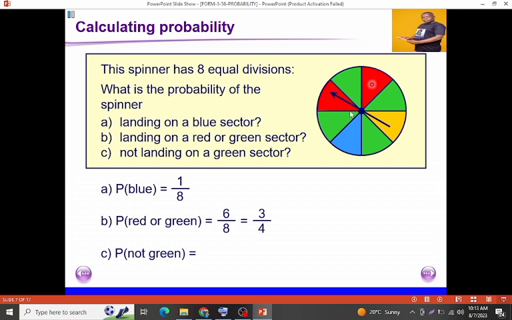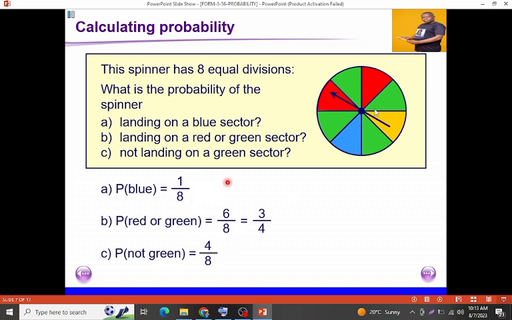If we take all the probabilities and add them up, it's going to be equal to 1. So the probability that it is green is 4 out of 8. That it is not green is 4 out of 8 as well.